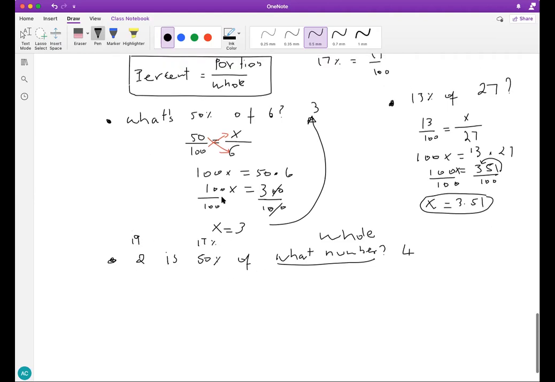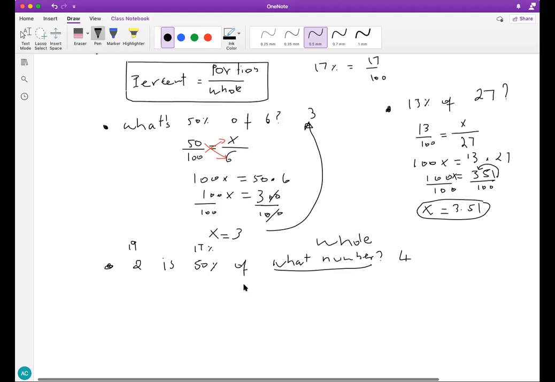Okay, how do you set up the equation again? What's the first fraction? I'm going to start with the percent. If you have it, always write it down. So it's 50 over 100.